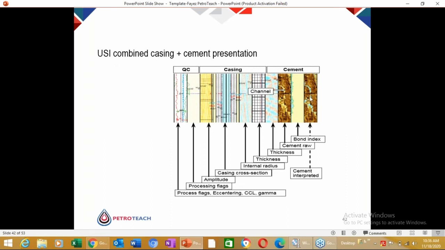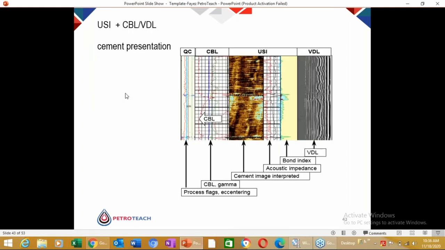So we can know whether the cement bond is good or not, and whether there is a corrosion problem or a hole in the casing. So this is a very useful tool.